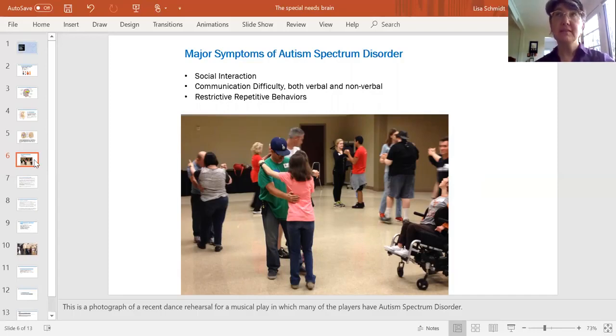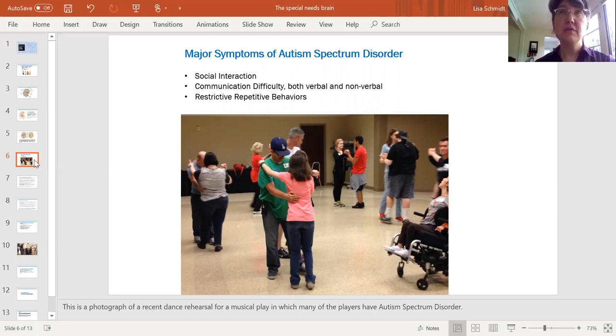Now, someone with ASD proves to be a very challenging student when it comes to the performing arts, because music, dance, and theater require collaboration, teamwork, coming to consensus, creative thinking, and emotional expression. All of these can be extraordinarily challenging for someone with ASD.